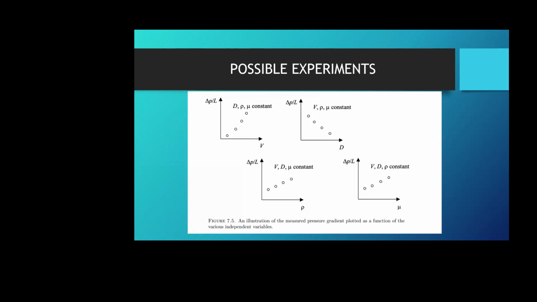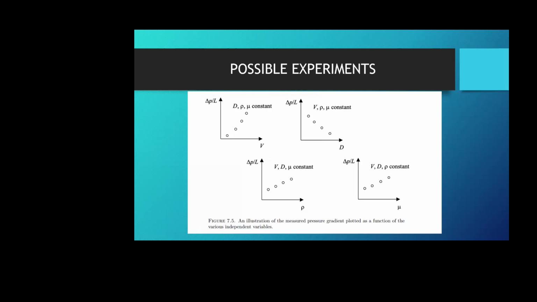And it looks more or less, I cannot see well here, almost linear or with a small curve. The curve is quite small. Then I say, okay, I did this experiment. Now I want to do a different experiment. This plot is a different experiment. There are 1, 2, 3, 4 experiments. Four different experiments for testing first how delta P divided by L varies with B, fixing the other variables.